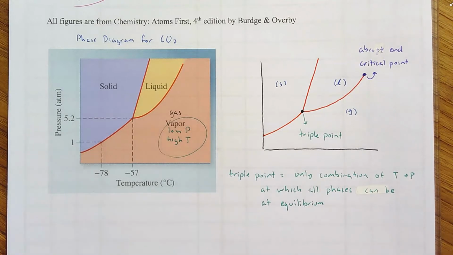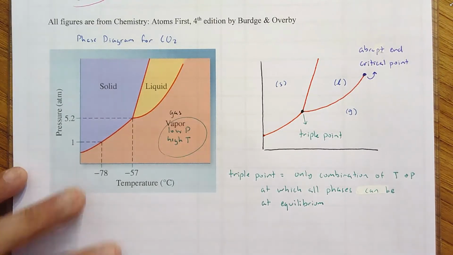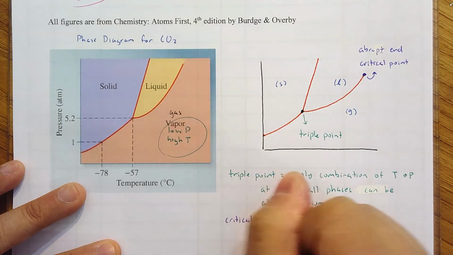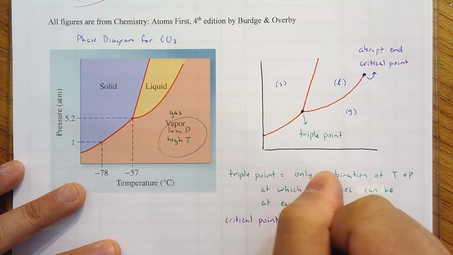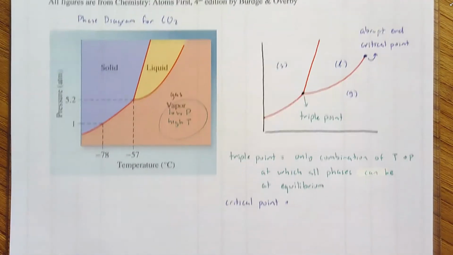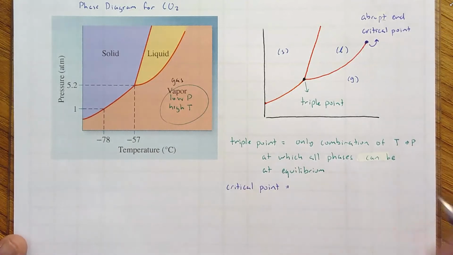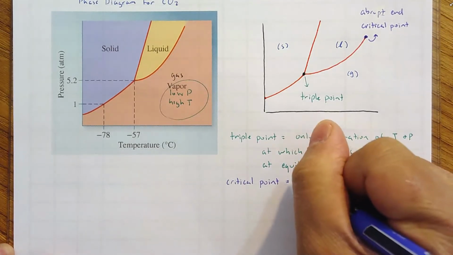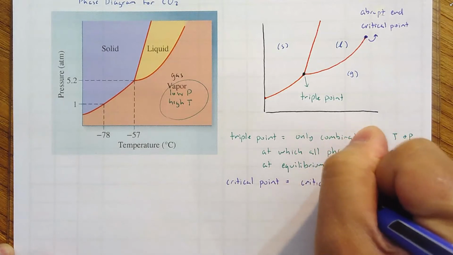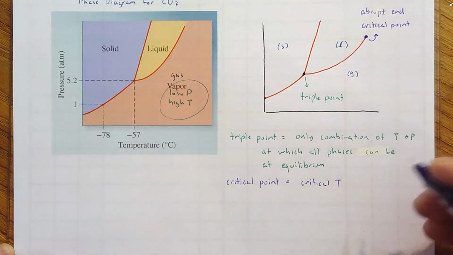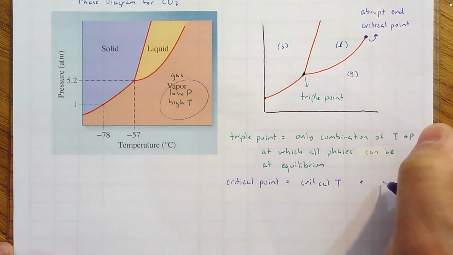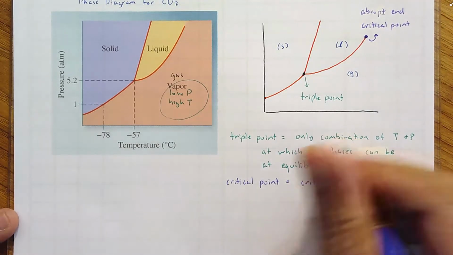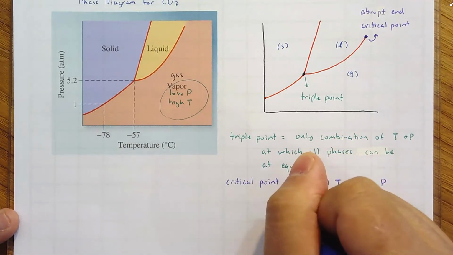What about the critical point? The critical point is even more strange. It marks the critical T and the critical P. But what does that mean? For the critical temperature, let me put it somewhere here.